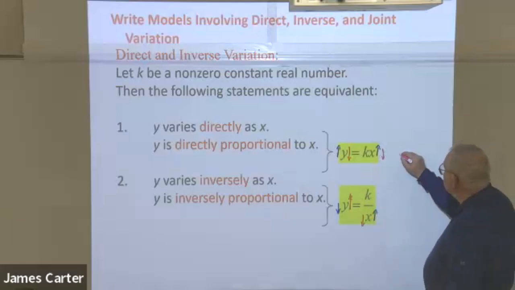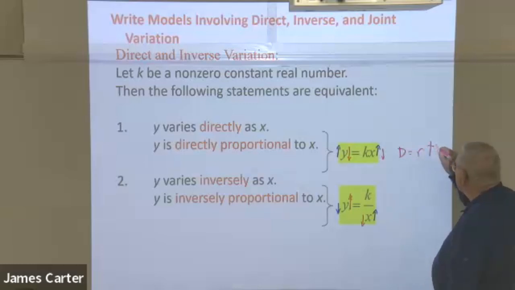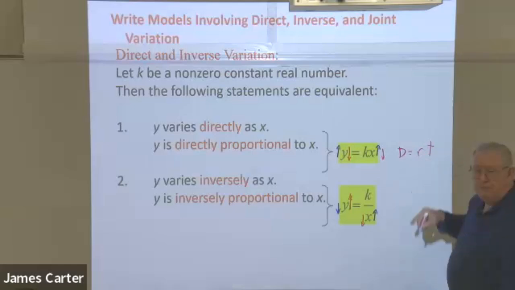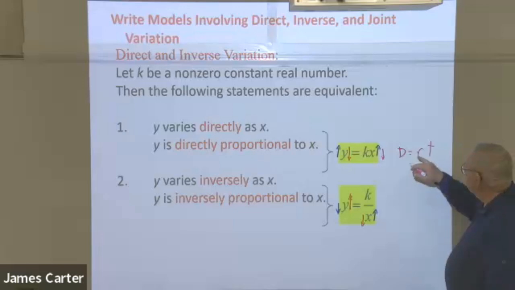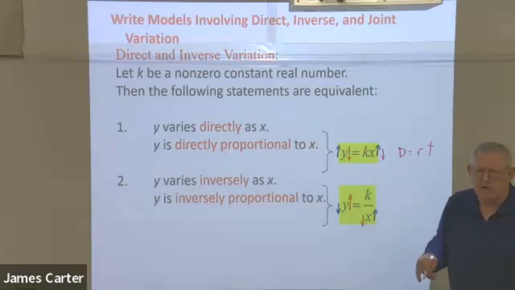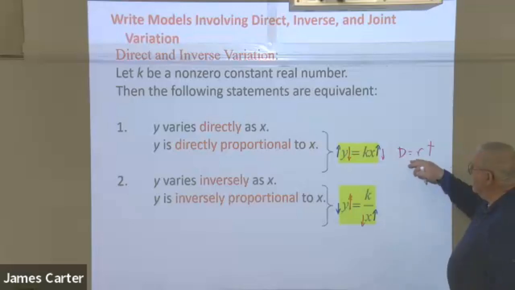Now, you've used this before in D equals RT. And R most likely would have been the K term, or it could have been T, if you knew D and R and you didn't know T. But anyway, this is a direct variation.